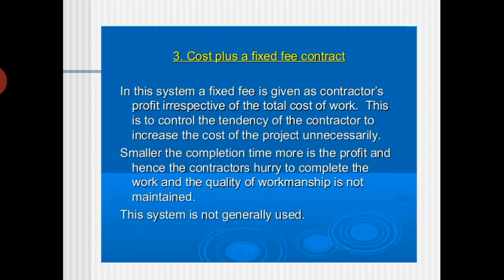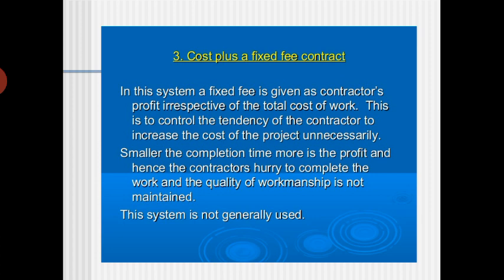The third one is the cost plus fixed fee contract. Here it is in no way connected with the percentage on the estimated cost. I already gave one example, that for 1 crore, 1 lakh is fixed.